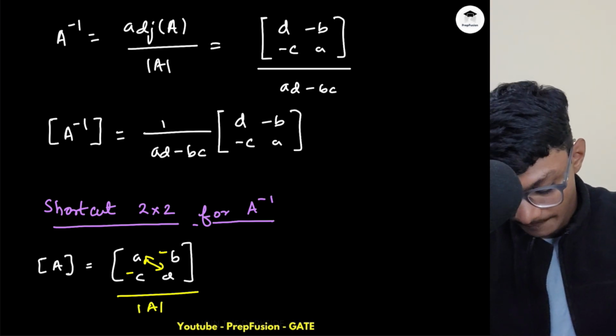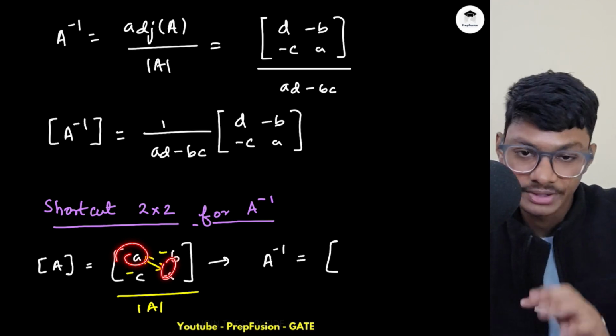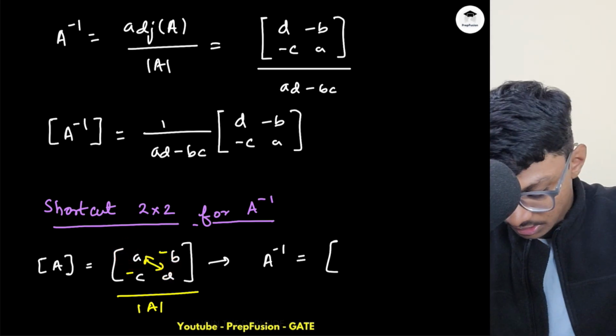So basically here, A inverse will be simply these two elements swapped. The principal leading diagonal elements are swapped.